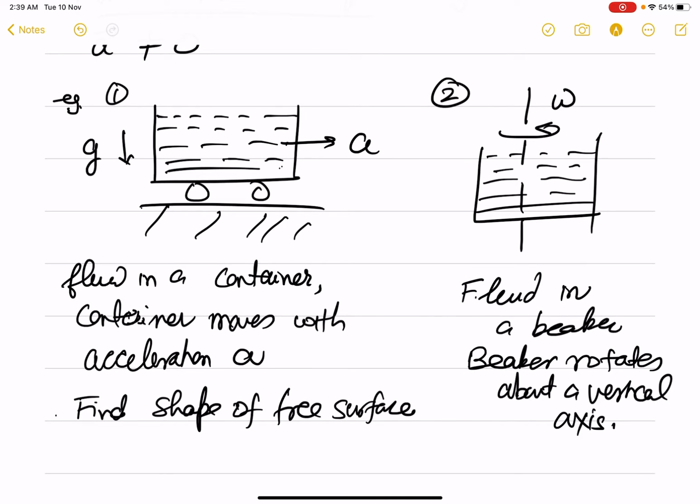So now this rotates with angular velocity omega. And this axis need not be at the center of the beaker, it can be anywhere. It rotates about a vertical axis.